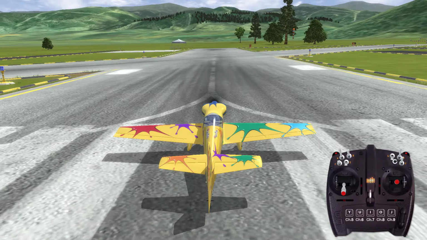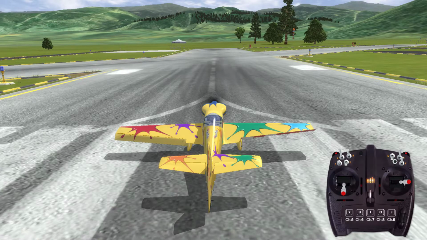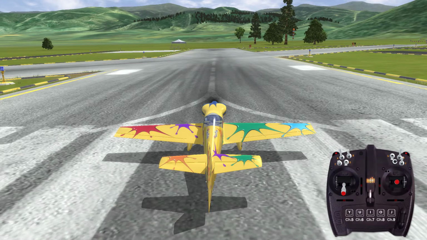When we move the stick to the right, as you can see on the right-hand side of our screen, that wing has had its aileron moved up, so that is going to push the right-hand side of the aircraft down, and on the opposite side, on the left-hand side, the aileron has moved down, so that's going to push that wing up. So what that's going to do is roll the aircraft around the center of it, so around the fuselage, which is the body of the aircraft.